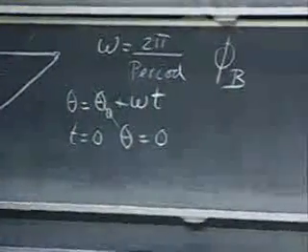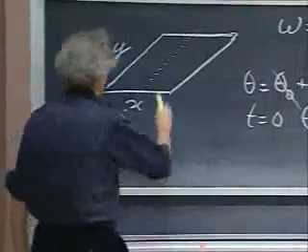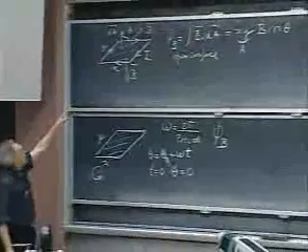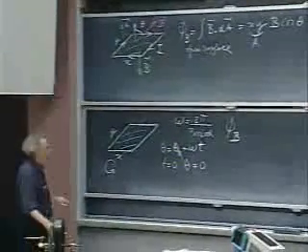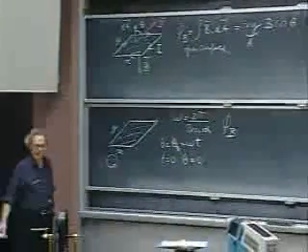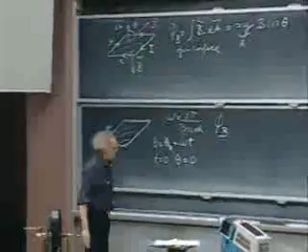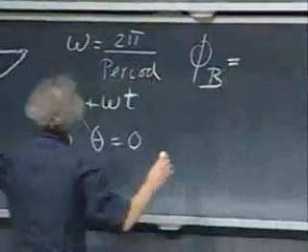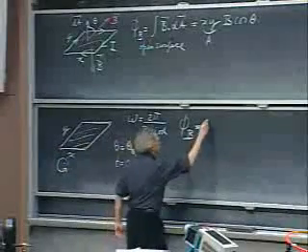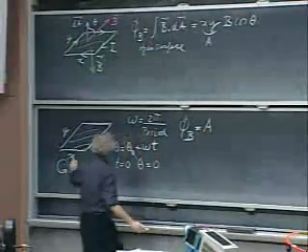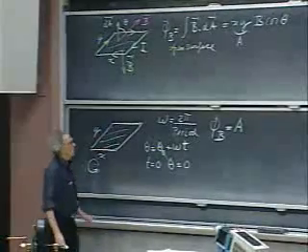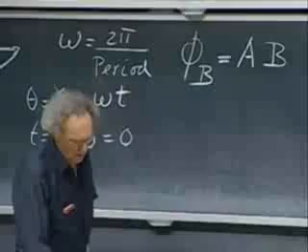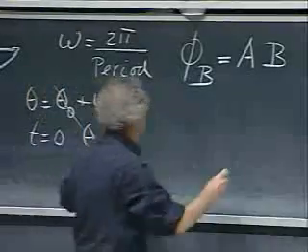I have to commit myself to a surface. Well, I will just choose this flat surface. Just like I did there, I chose that flat surface. I'm free to choose any surface. Why not take the flat one? And so the flux through that flat surface is then the area, x times y. That's the area of this loop. And then I have the magnetic field. And then I have cosine omega t.